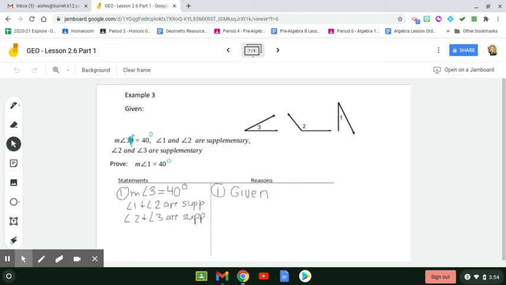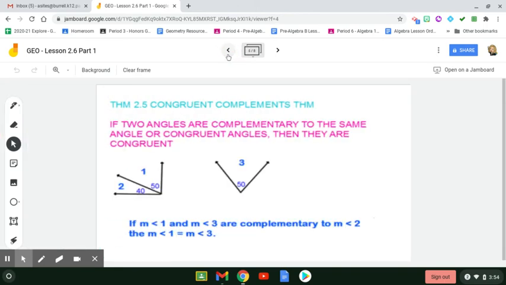Okay, so now let's think about this. In order for us to use some of those things that we've looked at before, we have to use some kind of congruent statement to get there. But I'm going to go back to that congruent supplements theorem just to make sure we have everything.